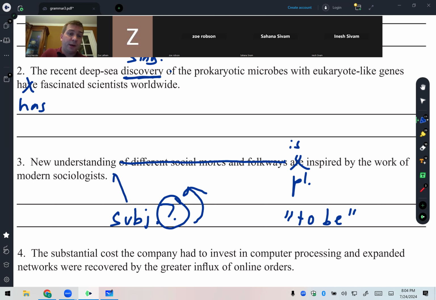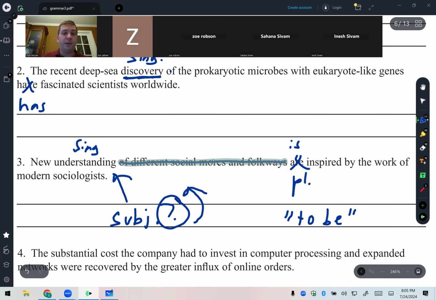So that was my subject. Understanding is singular. Bear with me, it's hard to write on this tablet. I don't know how Mrs. Hessler does it for all those math questions. Singular. So that's singular. So it needs a singular form of to be, which would be is. New understanding is inspired by the work of modern sociologists.